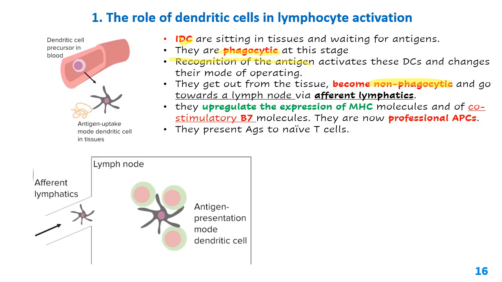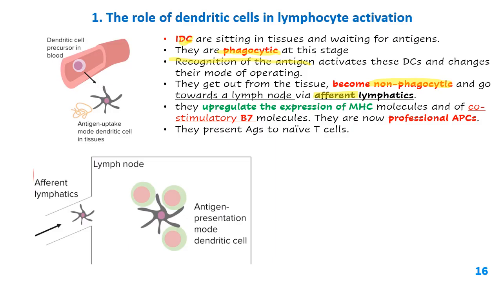Usually it's going to find a lymph node. It's going to get to the lymph node by the vessel that connects the entrance of lymph to the lymph node, and you call that your afferent vessel, afferent lymphatic vessel.